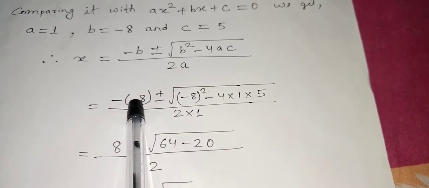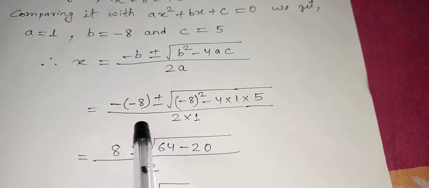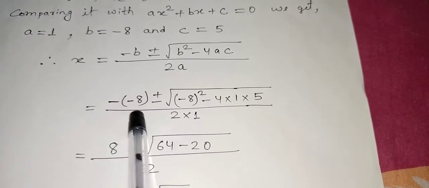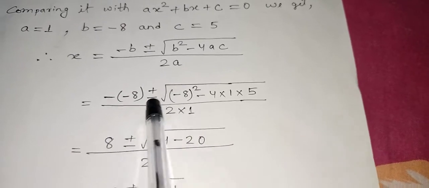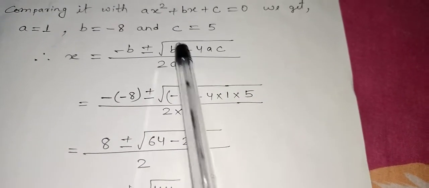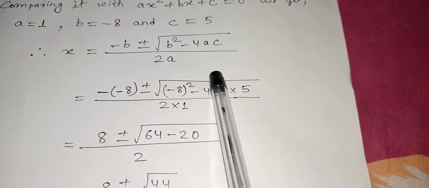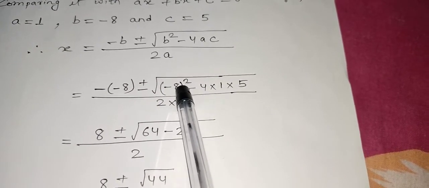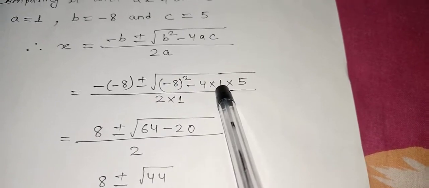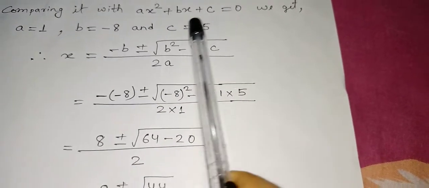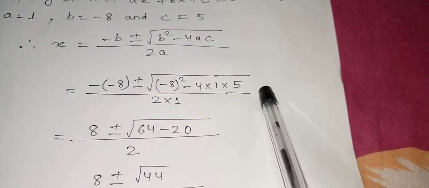Because of the double minus, I am writing it in brackets. So minus is from the formula and minus 8 is the value of b, plus minus root over b square means minus 8 square, because the value of b is minus 8, minus 4ac, minus 4 into a which is 1 and c is 5, so the same values I put.